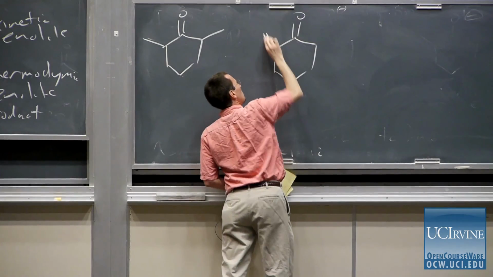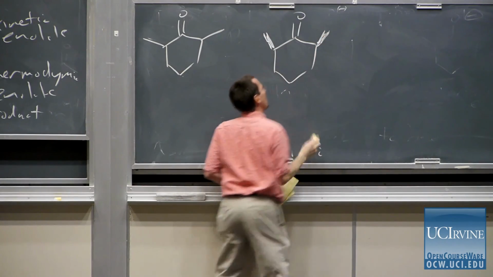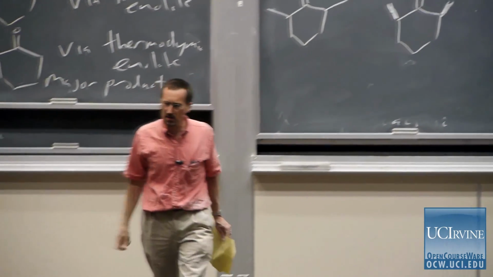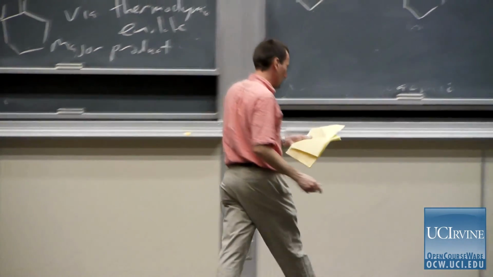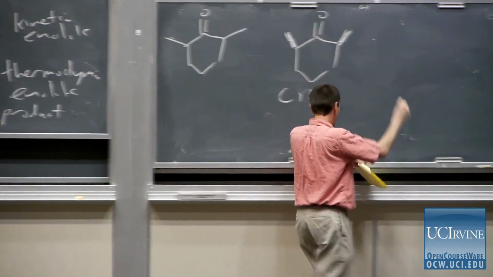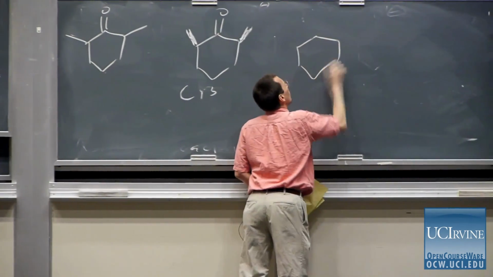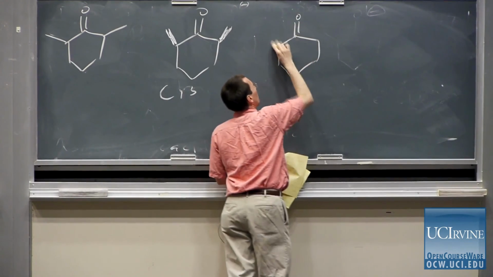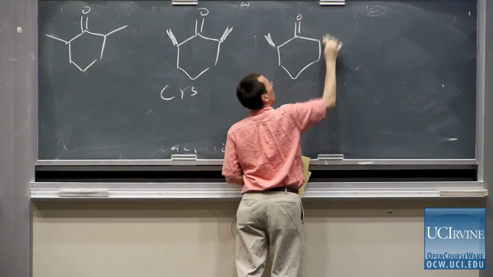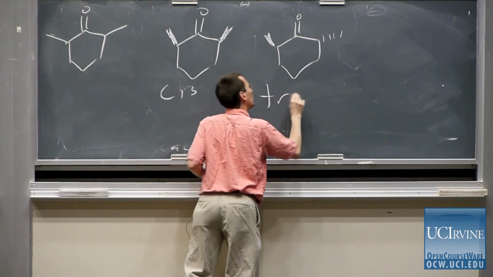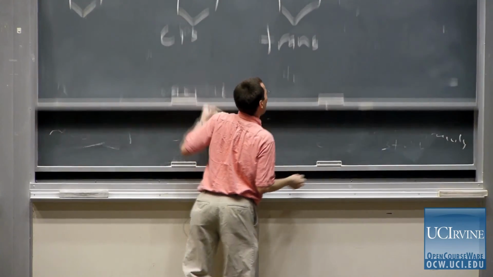We have the stereoisomer, to be more specific, in which the 2 methyls are on the same side of the ring. We have the cis stereoisomer. We have the stereoisomer in which the 2 methyl groups are on the opposite side of the ring, the trans stereoisomer.